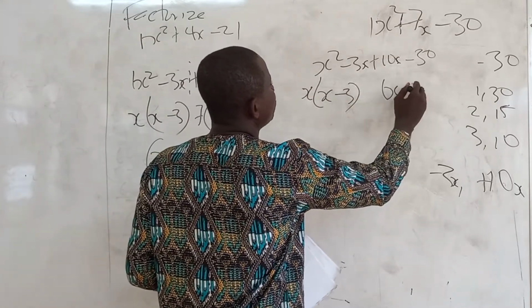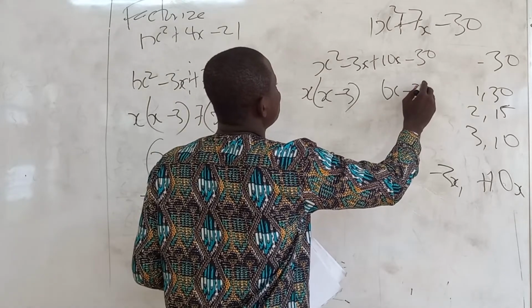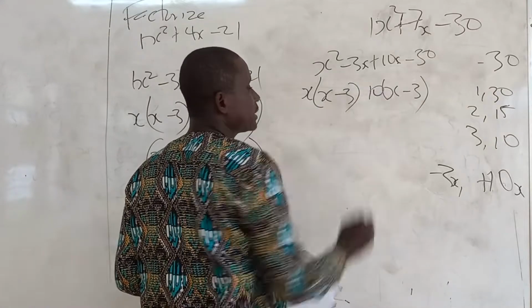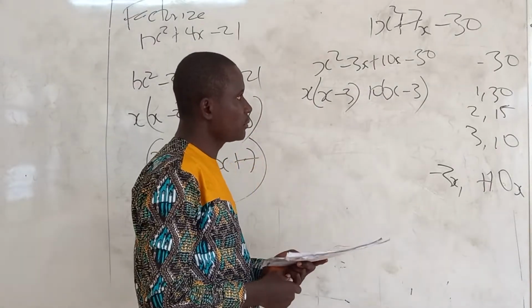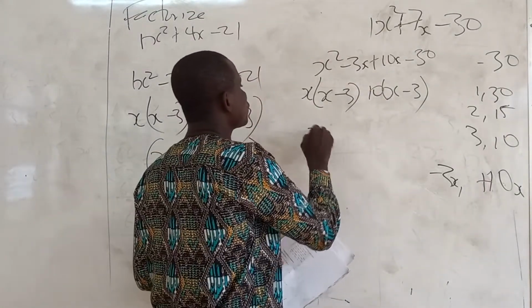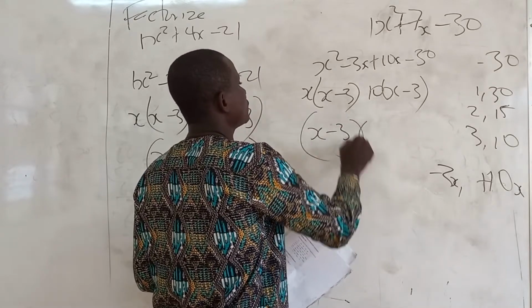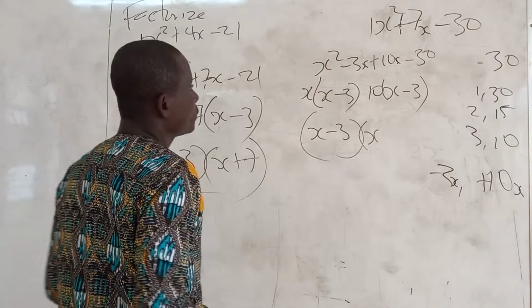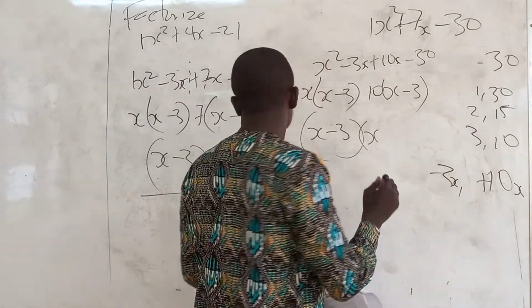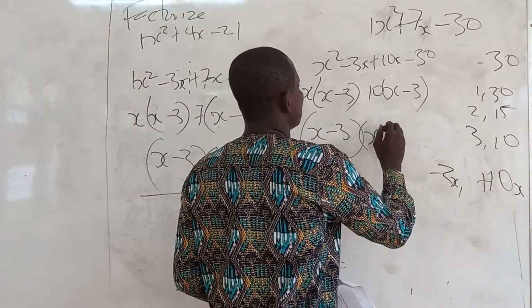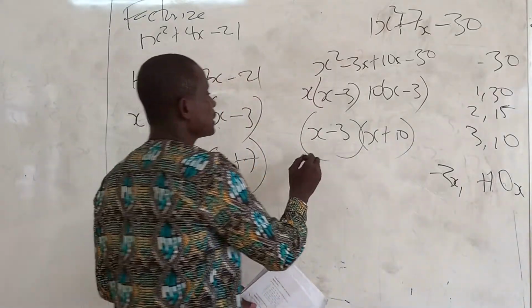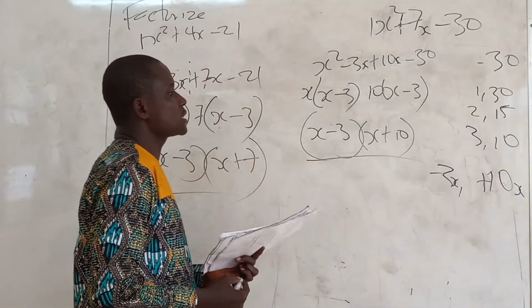Then once again x minus 3. So what should we put here? Here is 10. Exactly. So the common factor is what? x minus 3 in bracket. Then x what? x plus 10. All right. So that is that.